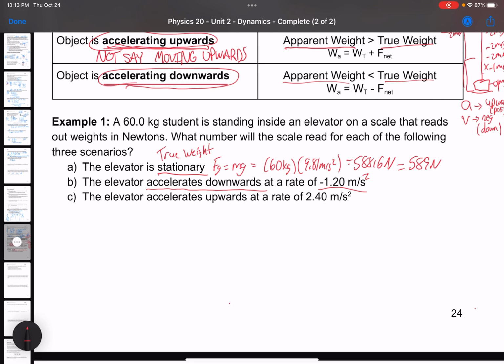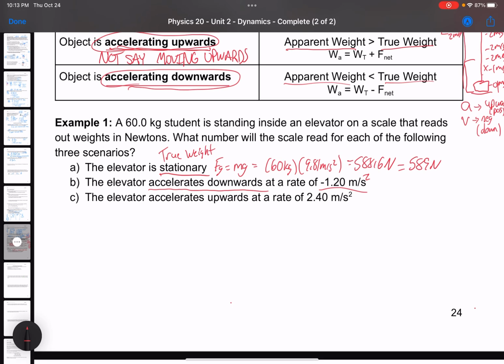Okay, so when I set this up, my apparent weight is equal to the true weight subtract the F net. Whatever the true weight is, I need to subtract away whatever force is there as a result of the acceleration.